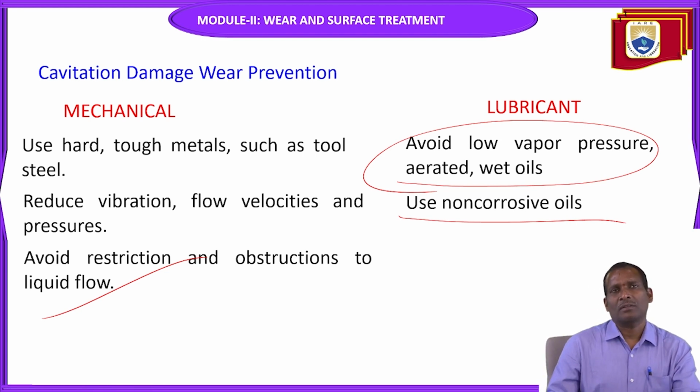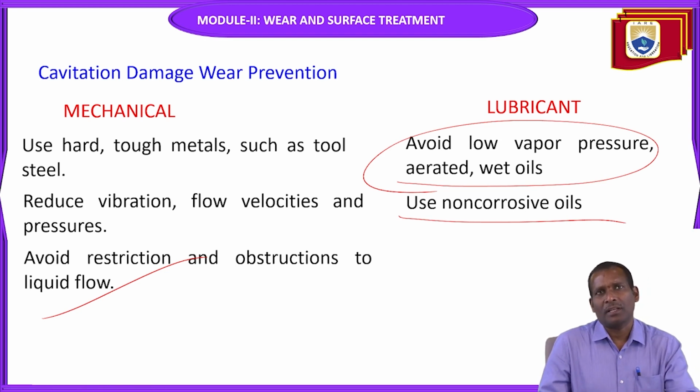So whenever you use hard material or tough metals, there is a reduction of the cavitation damage. The vibrations also. Suppose the machine is giving more vibrations due to the higher amplitude.